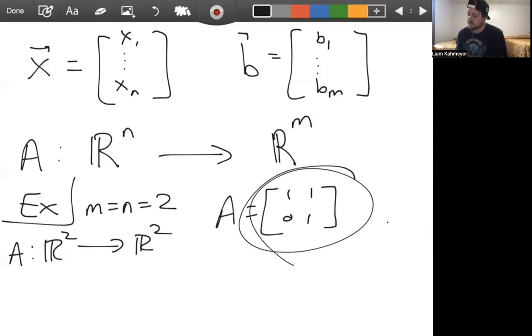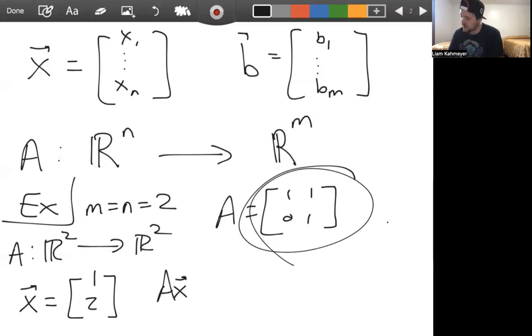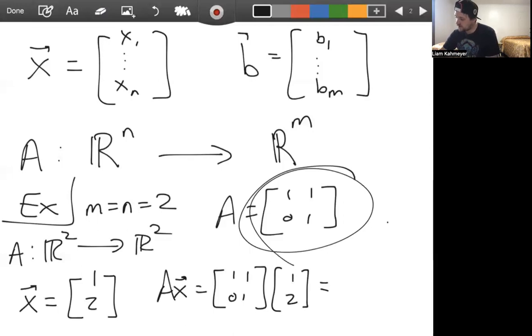Let's look at what happens if X is 1, 2. A transforms this vector by AX, which is equal to the matrix 1, 0, 1, 1 times 1, 2, and the vector we get here is 3, 2.